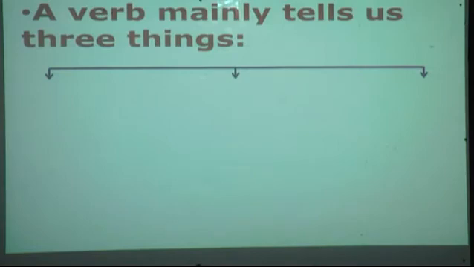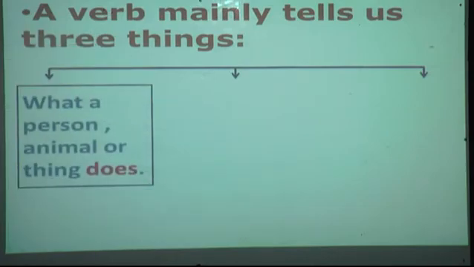Now a verb mainly tells us three things. What are they? We will see. First, what a person, animal or thing does. Again I will repeat. A verb tells us about three things. First, what a person, animal or thing does.